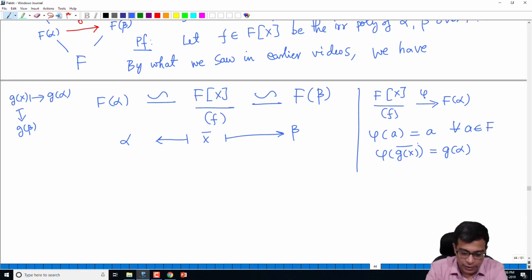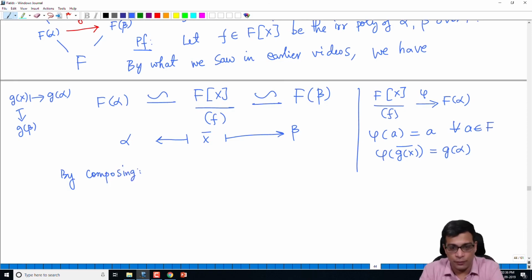That means if you now compose this, these are isomorphisms, right? So there is a map like this and there is a map like this. So I can compose the inverse of the first map with the second map to get F(alpha) to F(beta).